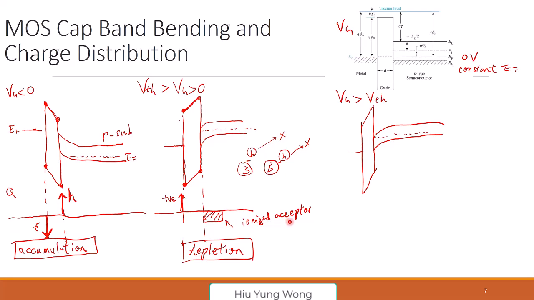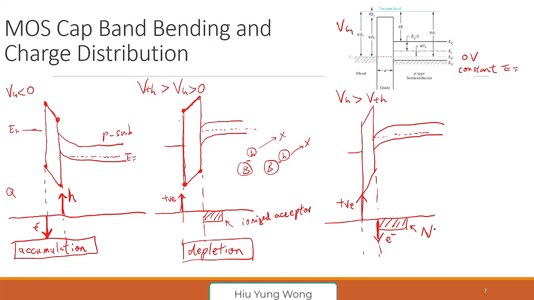Besides this depletion charge, this ionized acceptor, what else do we have? We have a lot of positive charge here. Here we also have some depletion charge, but at the same time we start to accumulate electrons.